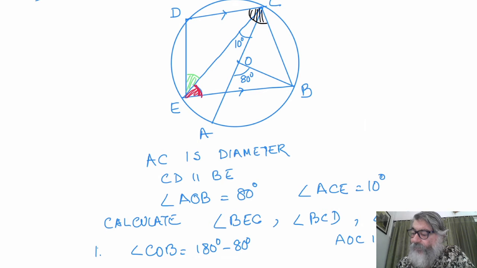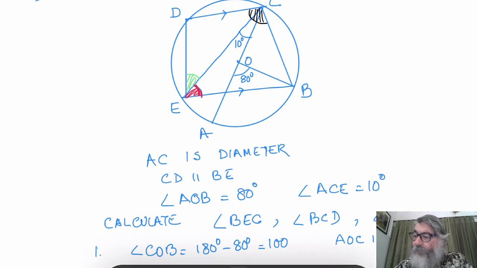A straight line is always 180 degrees. So from 180, if I subtract 80, I will get the adjacent angle, which is 100.